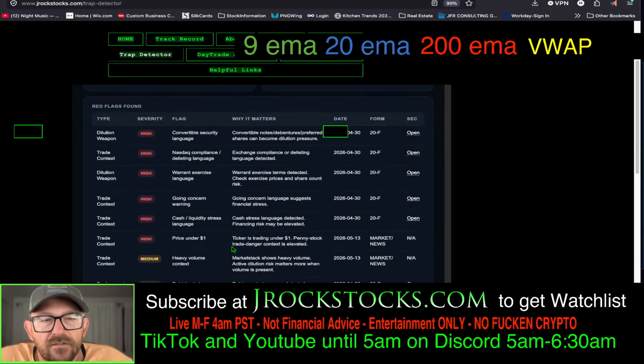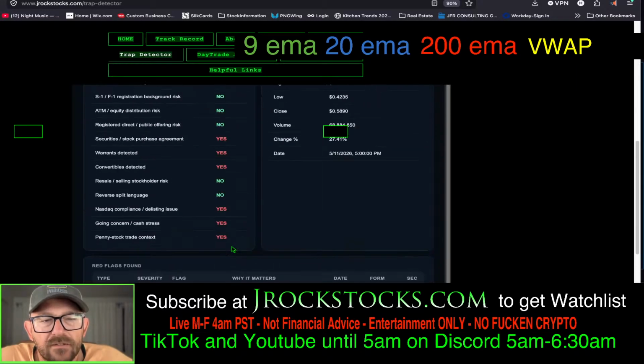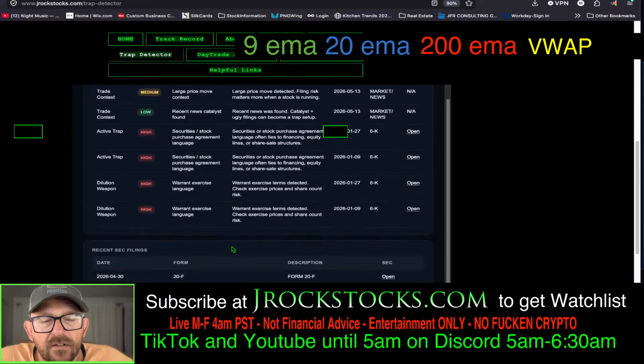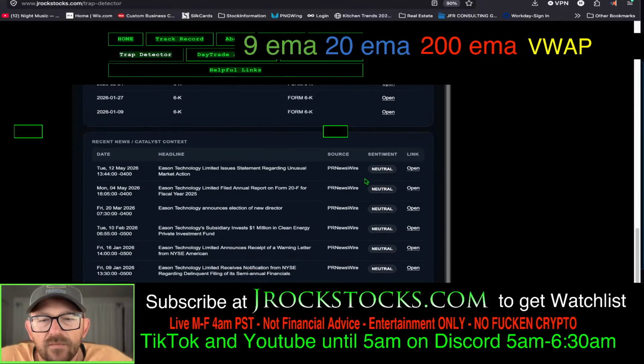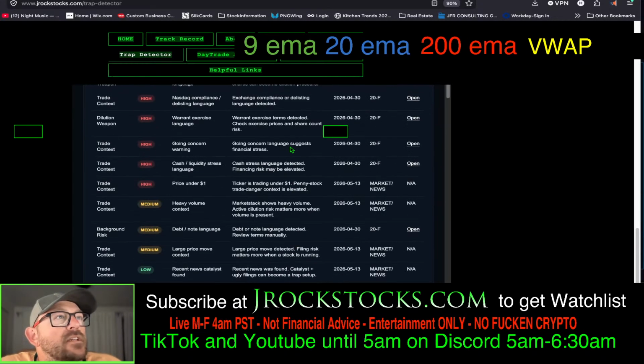Then you scroll down to red flags, you can see what the red flags are. And you scroll down a little bit more, you go into the press releases here. Yesterday, limited issued a statement regarding unusual market action. So it gives you a better idea of what's what, and it's real simple. So there you go.